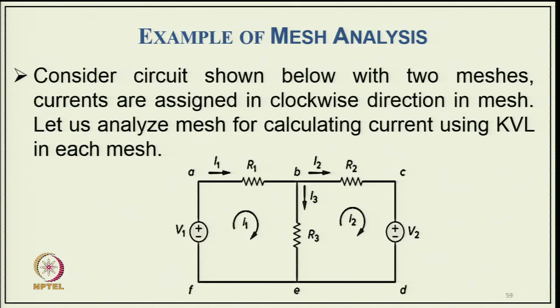So, consider the circuit shown here with two meshes. Currents are assigned in the clockwise direction in each mesh, and let us analyze the mesh for calculation of current using Kirchhoff's voltage law in each mesh. All the currents and voltages are shown here.